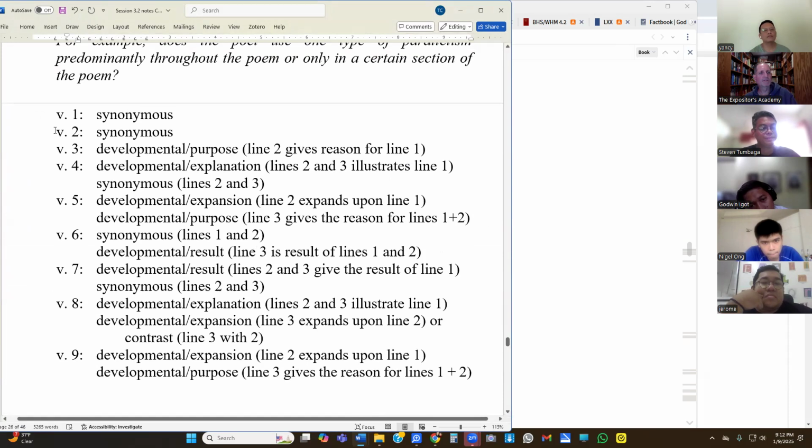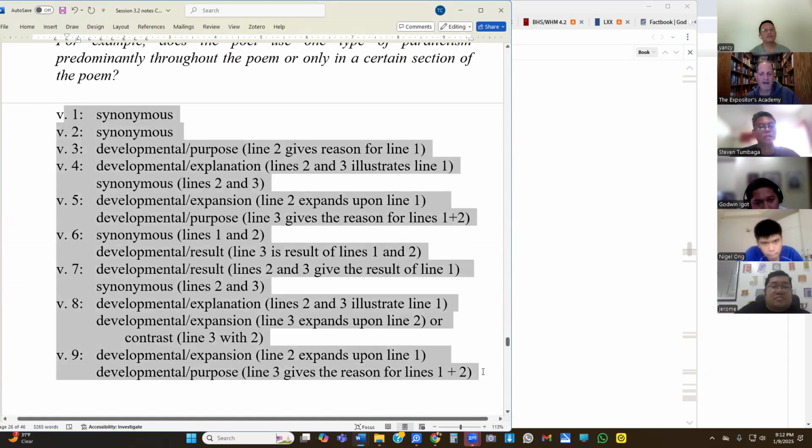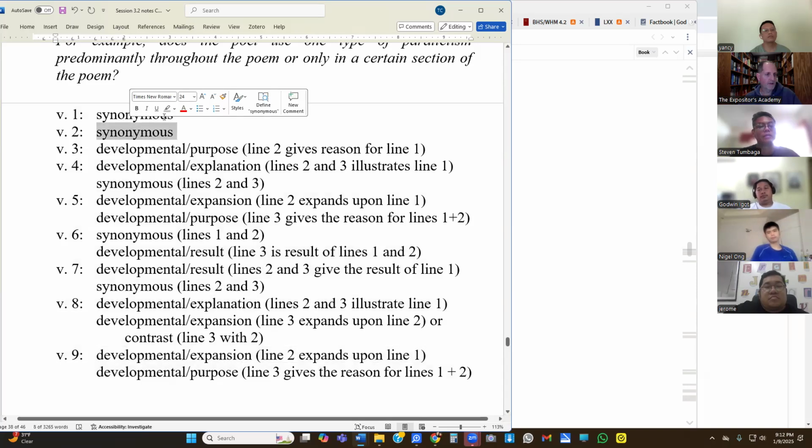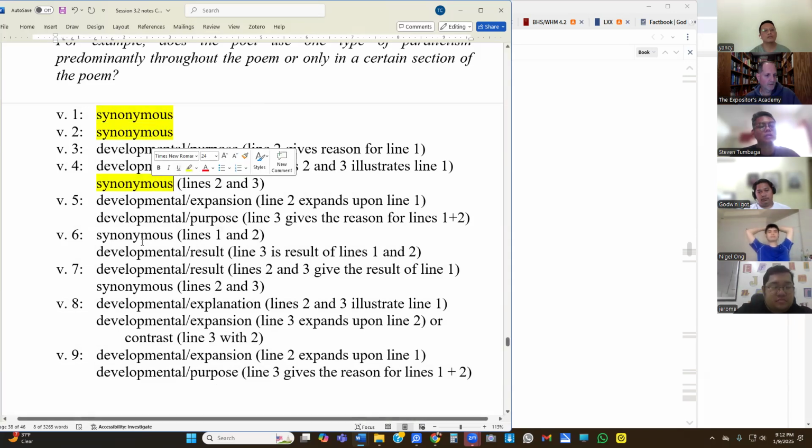What I like to do is once I've done the parallelism, I put it all together and see if there's a pattern. In the case of this one, obviously the dominant form is developmental, as you can see. That's the most common. We do have a few examples of synonymous here.